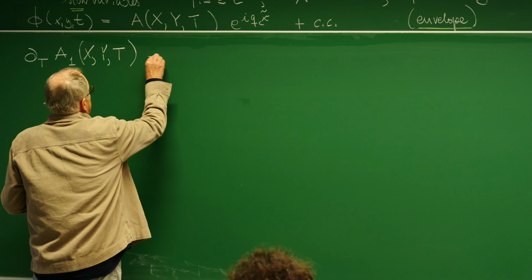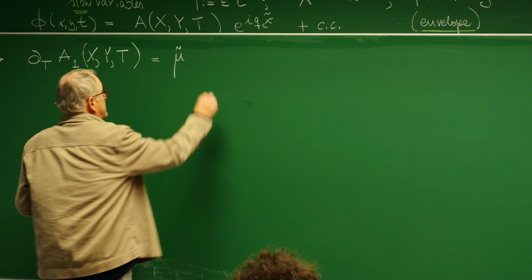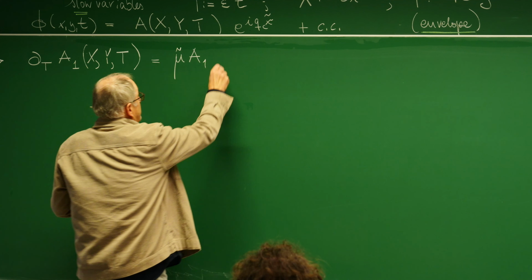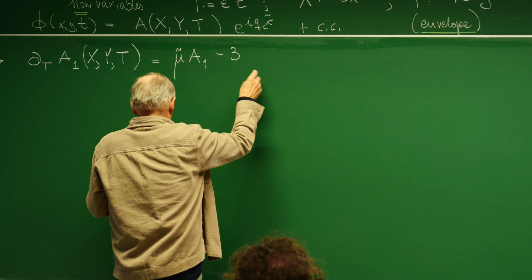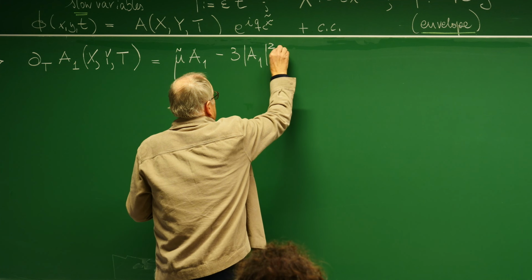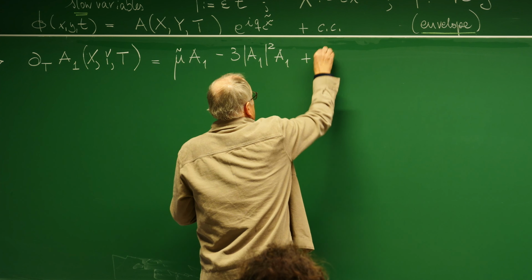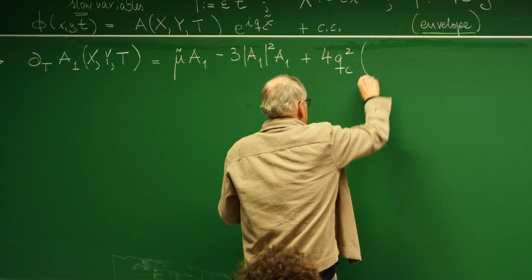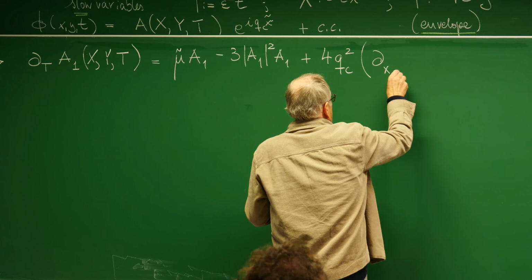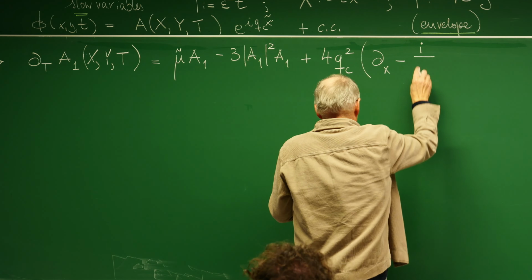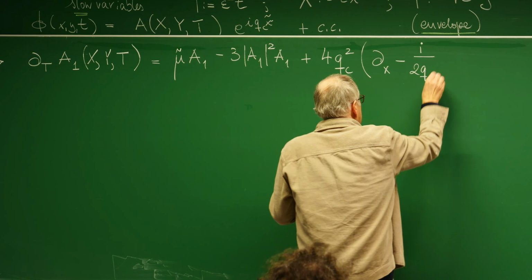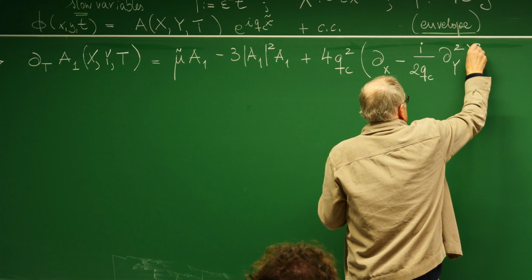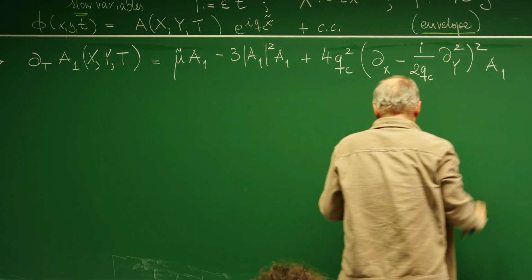So dt A1 equals the rescaled distance from the bifurcation point times A1, I'm now not writing out the arguments, minus 3 A1 squared A1, plus 4 times the threshold, the critical wave number qc squared, dx minus i over 2 qc dy, squared, A1.